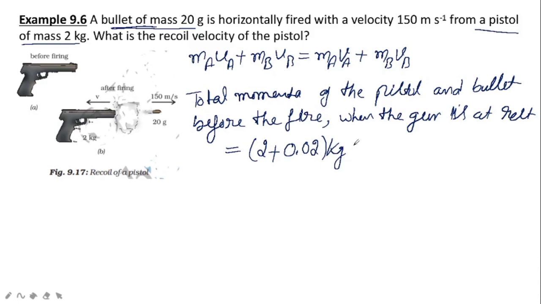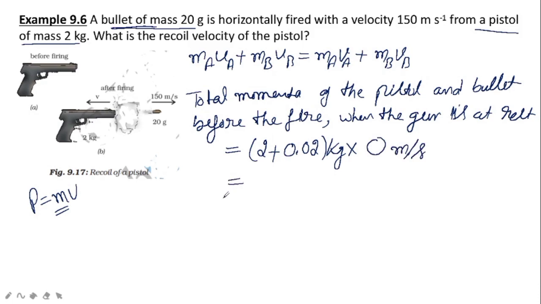Then according to the momentum formula, momentum is equal to mass into velocity. I took the mass, next I have to write the velocity before firing. Do you remember from the given data? Yes, before firing the initial velocity is 0 meter per second.